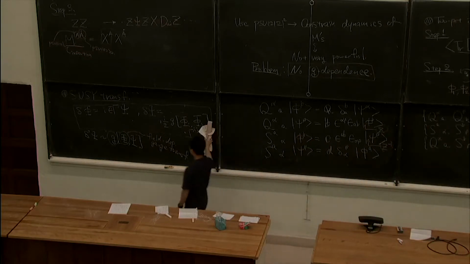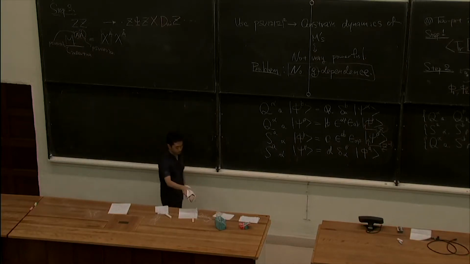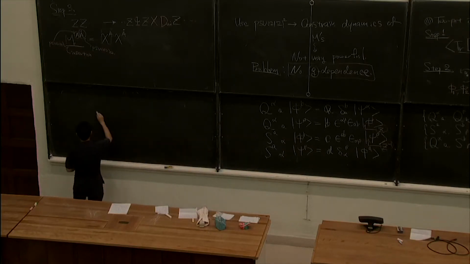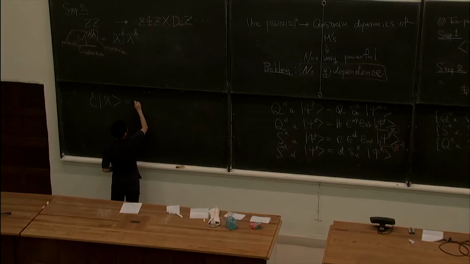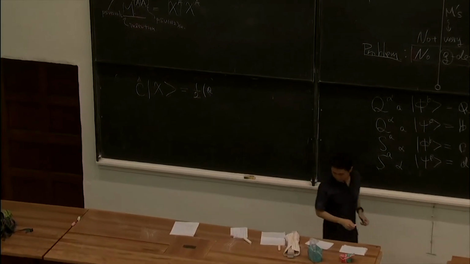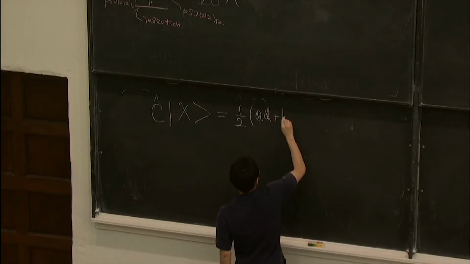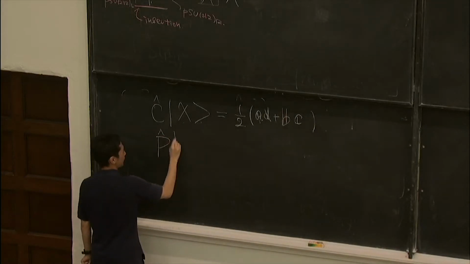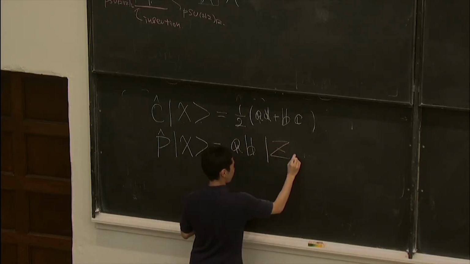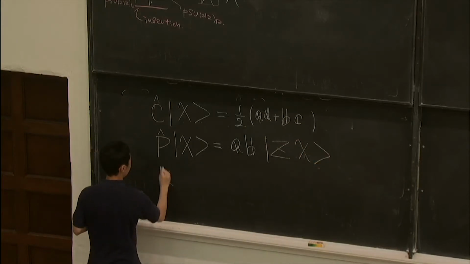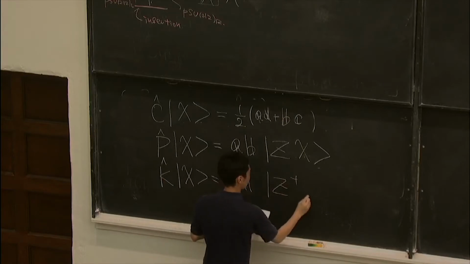But before doing that, let me just say that by taking this action and using that commutation relation, you can also compute the action of C, P and K. C acting on chi is essentially given by 1/2 (AD plus BC), sorry, AD plus BC, whereas P acting on chi is AB times Z times chi, and K acting on chi is CD times Z inverse chi.